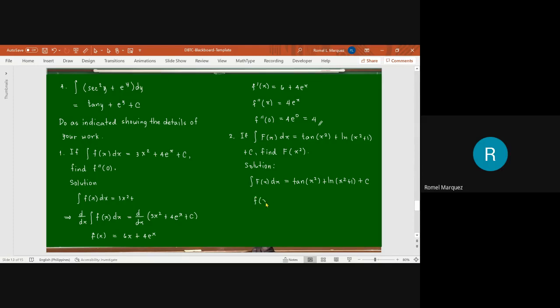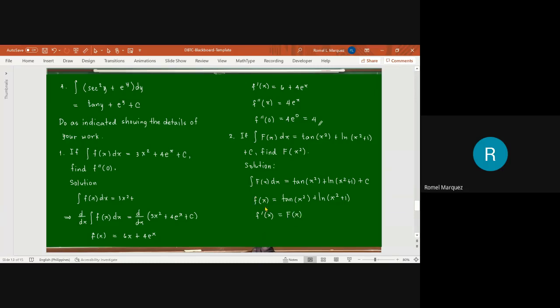Kapag dinifferentiate ko raw yung small f, dapat ang lalabas yung capital F. Dati, kapag dinifferentiate ko yung capital F, ang lalabas small f. Kaya lang kasi baliktad yung position nito, no? Ang nasa loob, capital F, kaya ito ngayon ang small f natin. So, ang derivative ng small f dapat should be the integrand. Okay? So, let's do that.